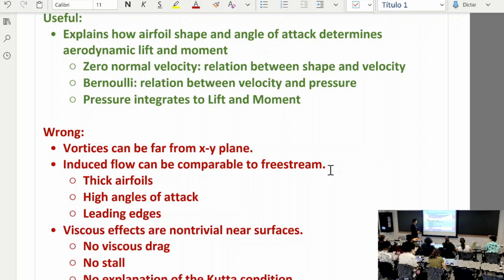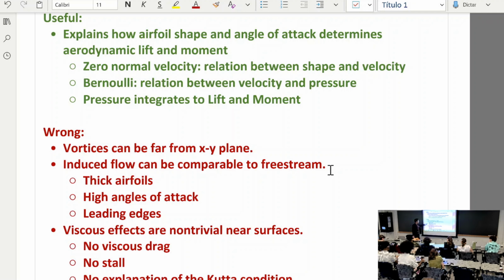One is if your airfoil is thick, right? You have to have stronger induced flow for the flow to go around the thick airfoil, just like in our cylinder case. If you remember what we derived on Monday, the induced flow from the circulation of a cylinder is not small compared to free stream, right?